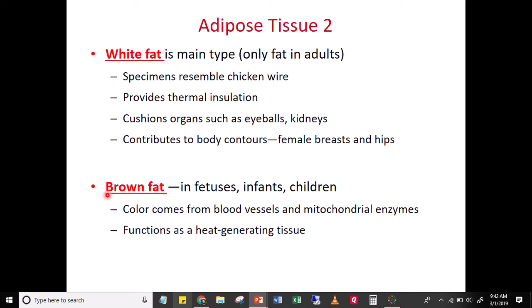And it's going to have lots of mitochondrial enzymes present, particularly ATP synthase. And this ATP synthase has a job of just spinning the pump, churning the crank, and making lots of body heat. It's a heat-generating tissue. And if you've ever held a little baby, one of those little chunky, super cute babies, they're really warm because they have a lot of brown fat on their bodies.